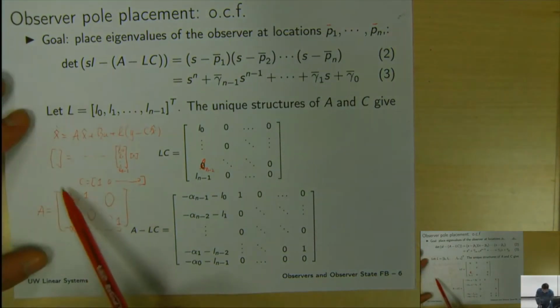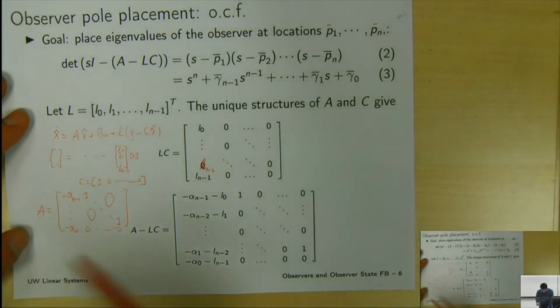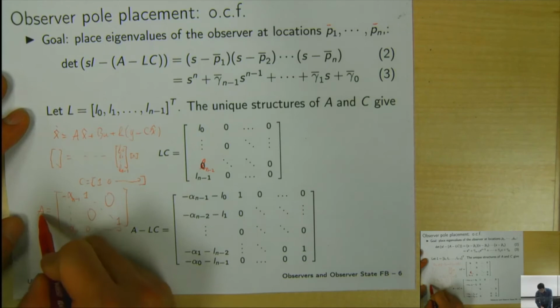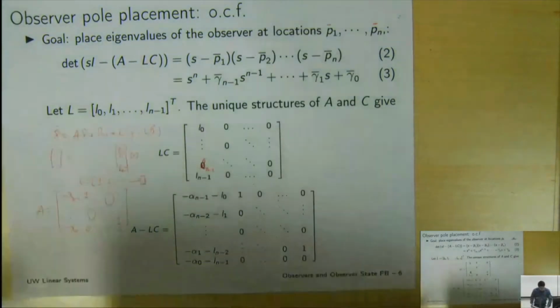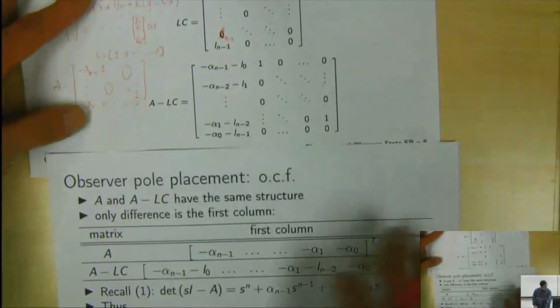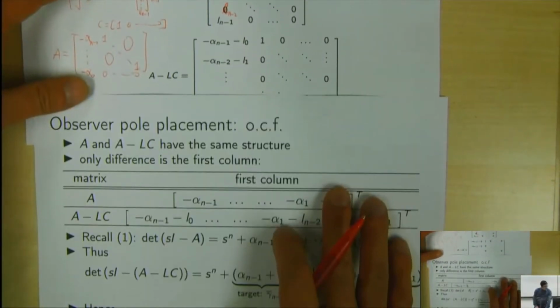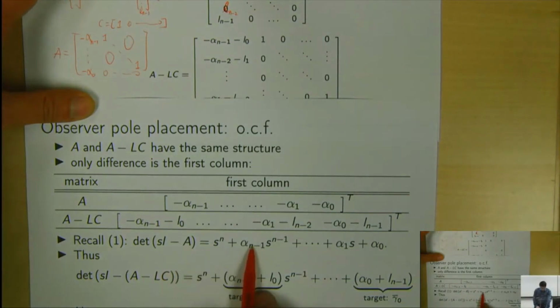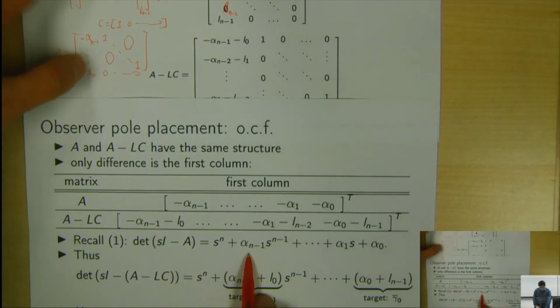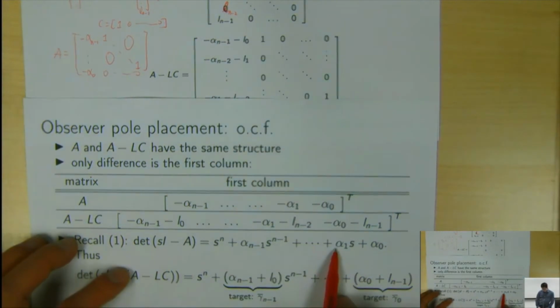Recall that we know how the determinant of sI minus A looks like, right? All these coefficients in the first column show up.